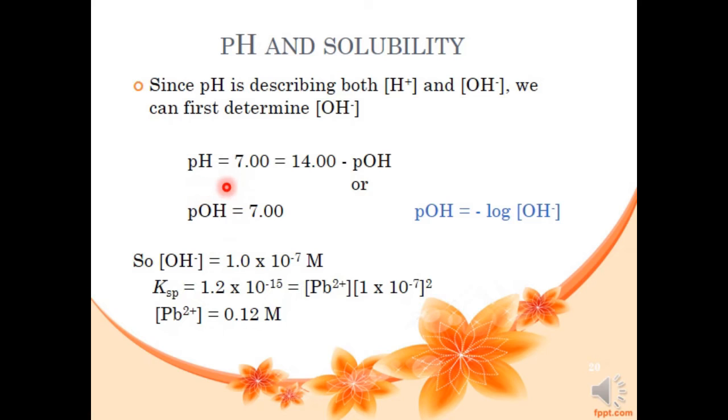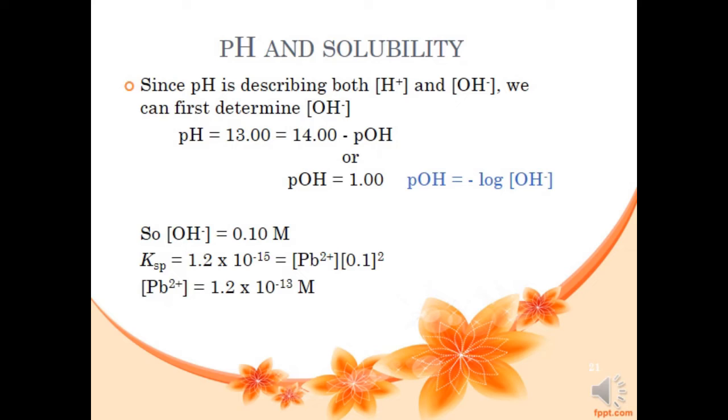To find pOH, we subtract from 14: 14 minus pH gives pOH. So we anti-log 7 to find the concentration of hydroxide, which will be 1 times 10 to the negative 7 molar. Substitute this in the expression. Given the Ksp value, we can calculate the lead concentration, in this case 0.12 molar.